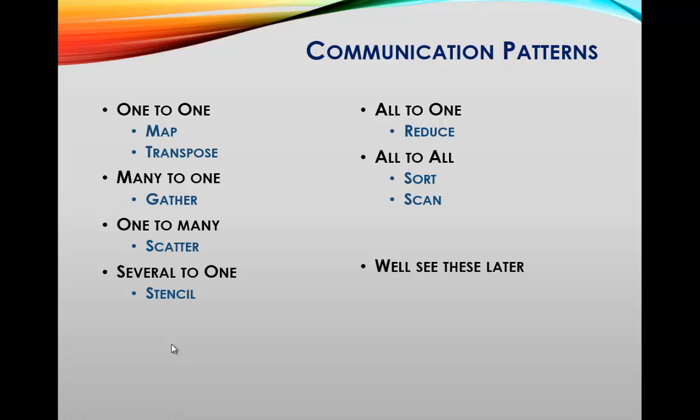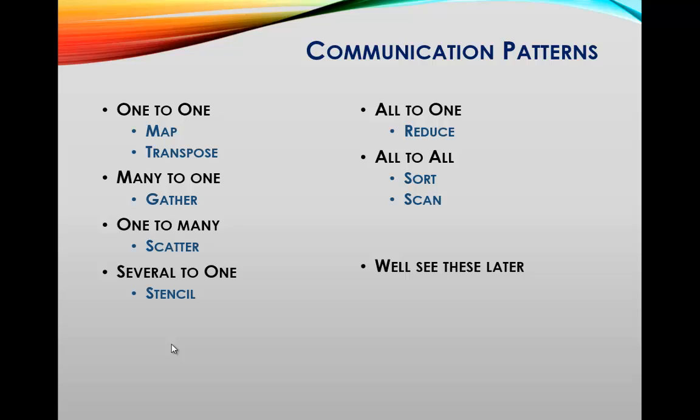So the kind of communication patterns we've seen so far: you've got 1-to-1 mapping, which is basically your map operation or your transpose operation. Both of them are 1-to-1 mappings. We have many-to-1 mappings in the form of the gather operation, when you gather from many elements of your input array and create one element for the output.